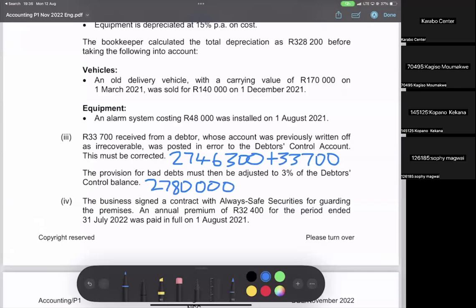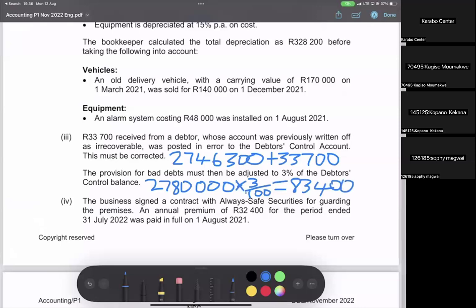Now we continue with the transaction. It says the provision for bad debts must then be adjusted to 3% of the debtors control account. This is what we do. We say 2,780,000 times 3/100, and we get 83,400.